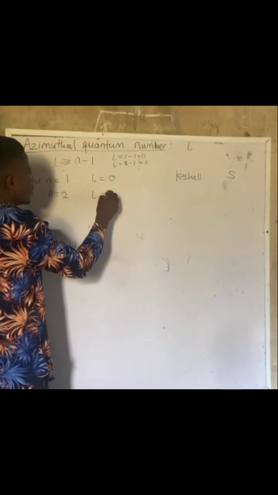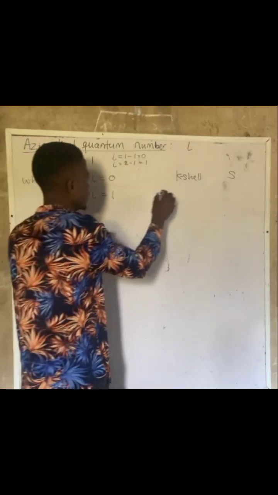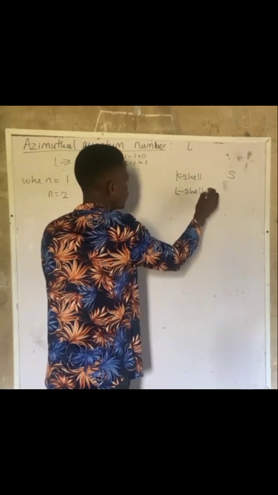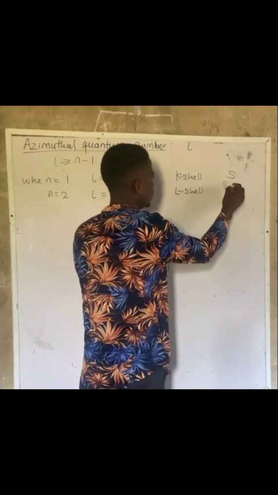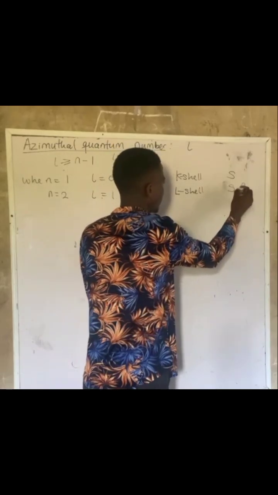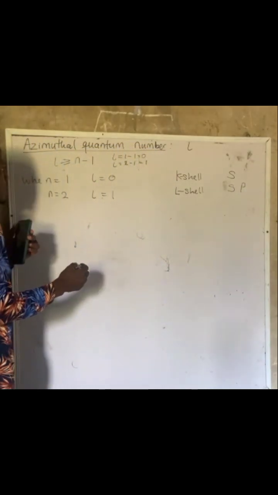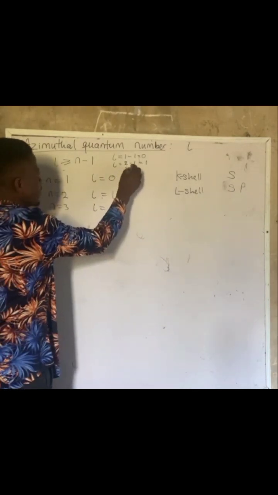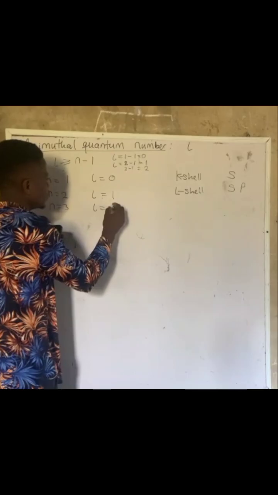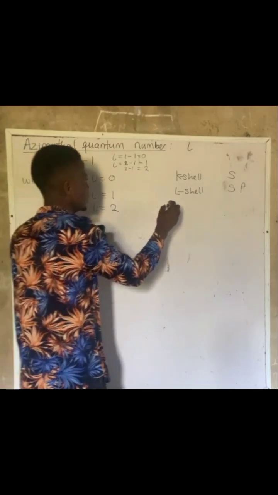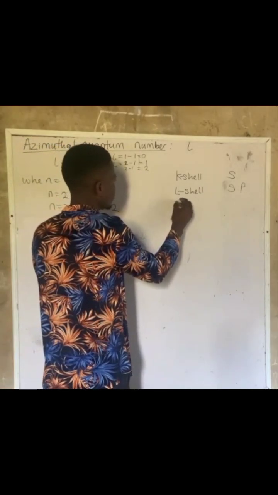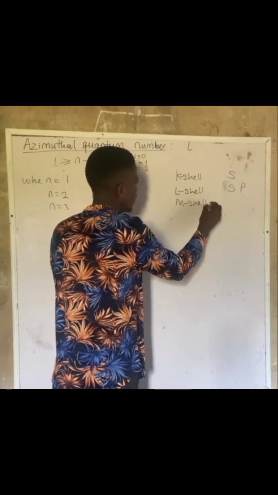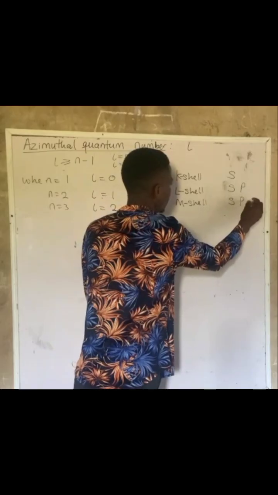So our L equals 1, and this points to the L shell, which has two subshells, S and P. When N equals 3, we have L equals 3 minus 1, which equals 2, pointing to the M shell, which has 3 subshells, S, P, D.